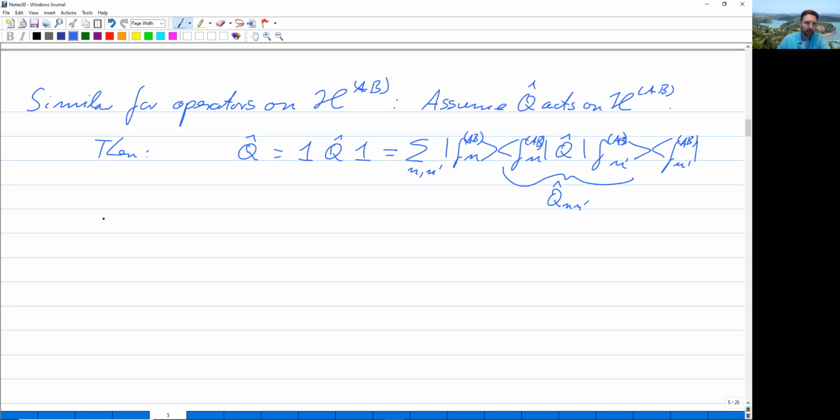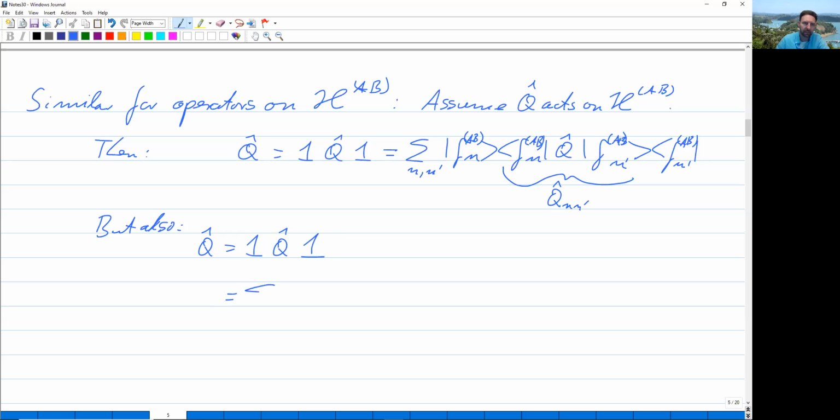But we can also write Q hat equal to 1, Q hat 1, and then use the resolution of the identity that we had above, namely in terms of the basis of the subsystems. So now I need more space for this, so I write it down here.